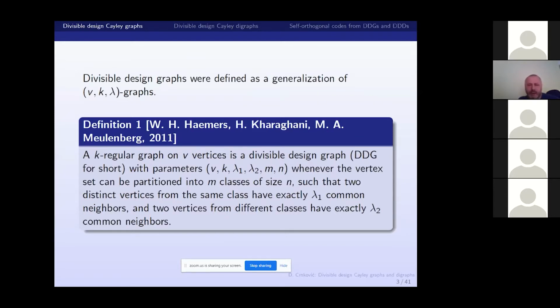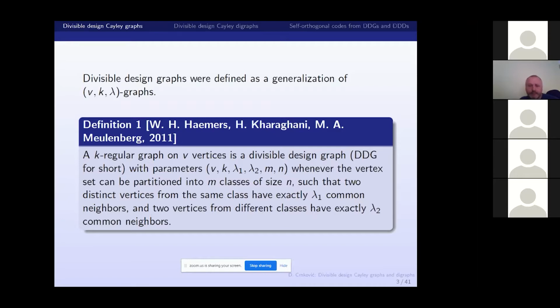A k-regular graph on v vertices is a divisible design graph, or DDG for short, with parameters (v, k, lambda 1, lambda 2, m, n) whenever the vertex set can be partitioned into m classes of size n, such that two distinct vertices from the same class have exactly lambda 1 common neighbors, and two vertices from different classes have exactly lambda 2 common neighbors.